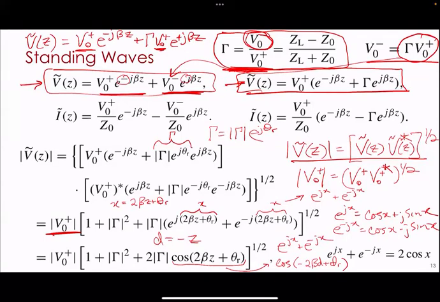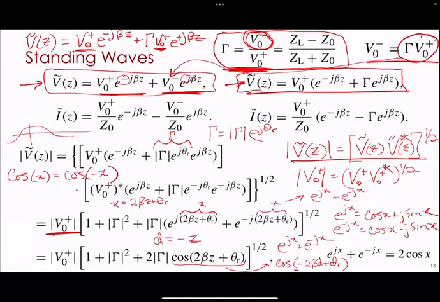Cos is an even function. It starts at 1, right? My drawing's terrible, but the curve is the same on the left side of 0 as it is on the right side of 0, which just means that the cos of x equals the cos of minus x. In other words, you can multiply the stuff in here by -1 and it equals the same thing.